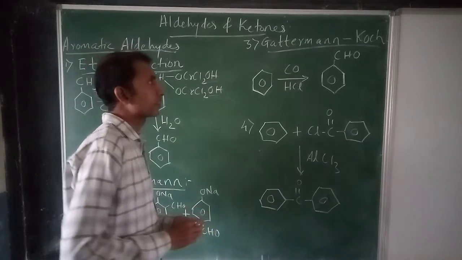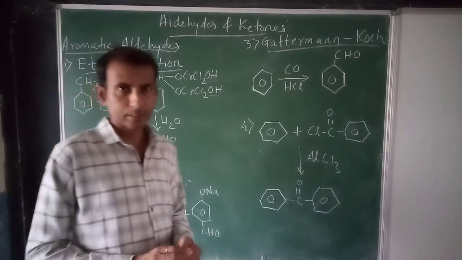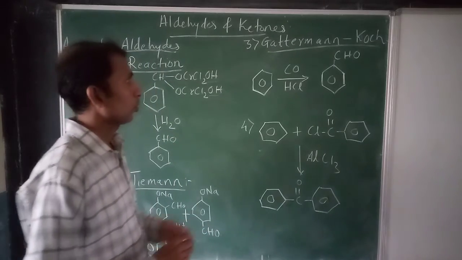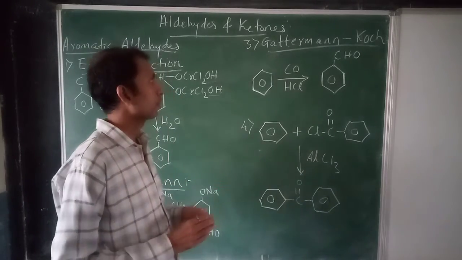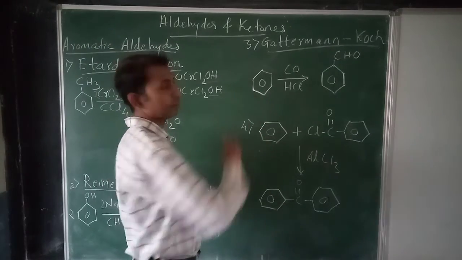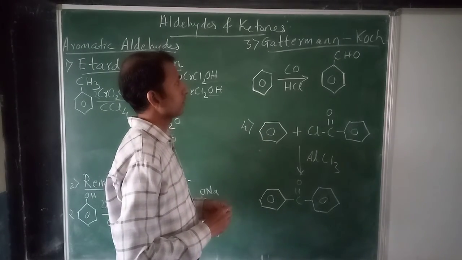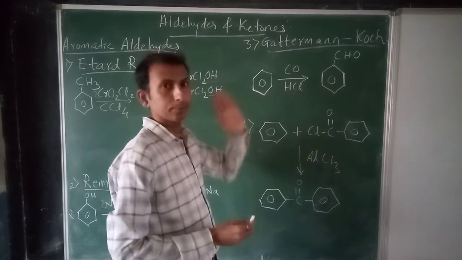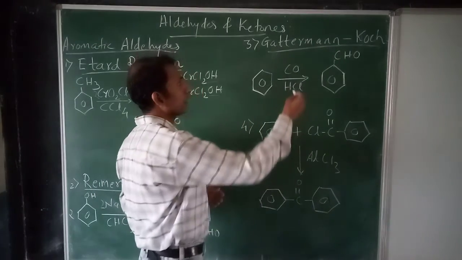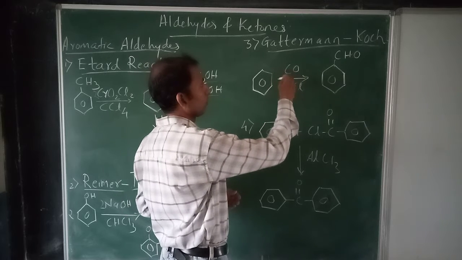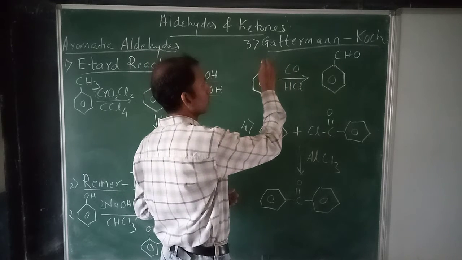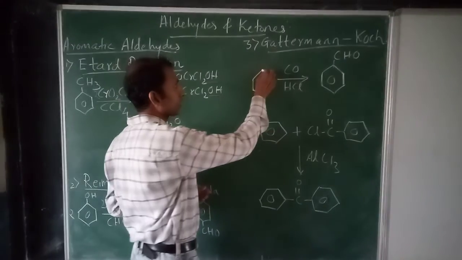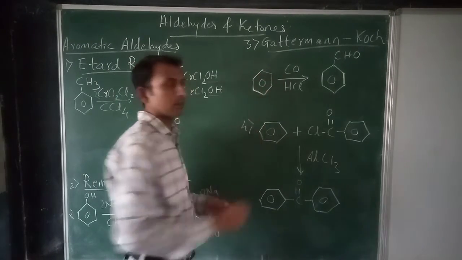Third reaction here is Gattermann-Koch reaction. Very simple reaction, one-step reaction. You take benzene and carbon monoxide in acidic medium. So directly the carbon monoxide group, this carbon gets attached to this carbon atom of the benzene ring, and we know that each carbon atom in benzene ring contains hydrogen.